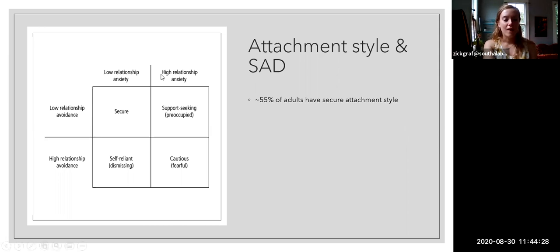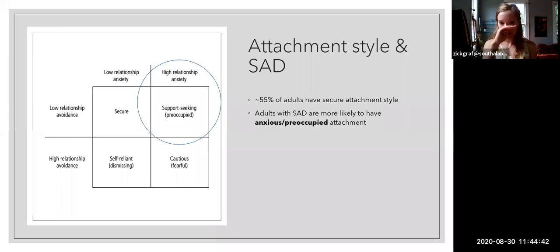Someone with high relationship anxiety, but low relationship avoidance would seek out relationships, but would tend to ask for a lot of support in those relationships and tend to have a lot of worries about losing those relationships. So this is also known as anxious or preoccupied attachment. And it's a risk factor for separation anxiety disorder. So adults with separation anxiety disorder are more likely to have this attachment style, where they want to be in a relationship, but they experience a lot of anxiety about losing the relationship once they're in it.